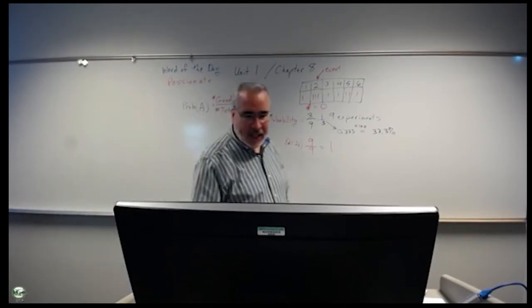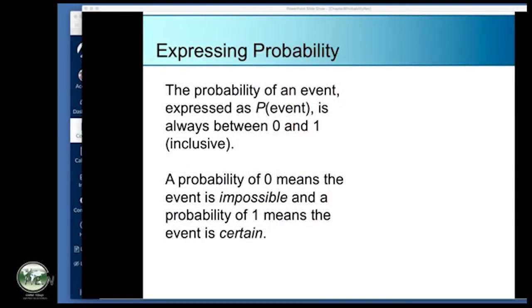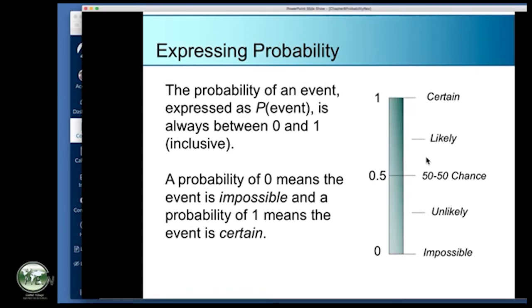We'll see this on the next slide. Probability 0 means impossible. Probability 1 means certain. It will happen. So if we go outside and it's raining, we say the probability of rain is 100% because it's happening. So we get a scale going from 0, impossible, to 1, certain, and everything in between. 50-50, we say that's equally likely, equally unlikely.